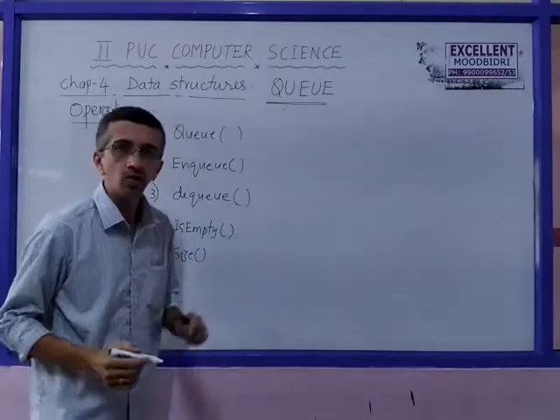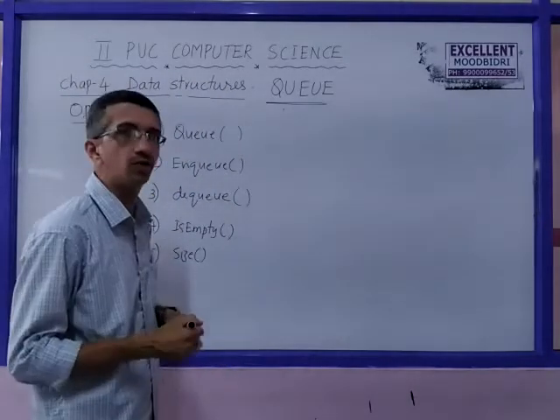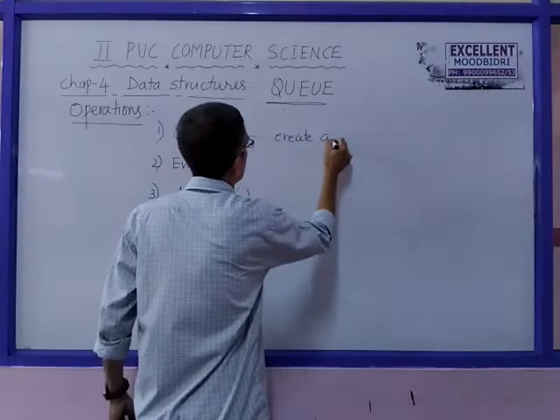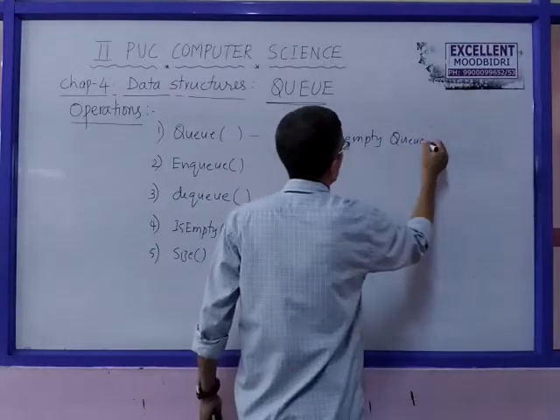So these are some normal, common operations on queues. Queue is to create an empty queue. First create an empty queue, an empty queue data structure.